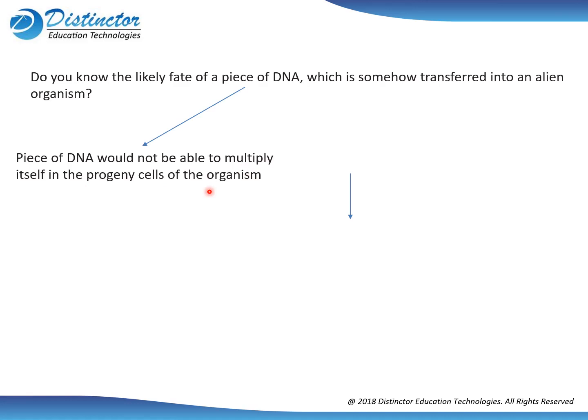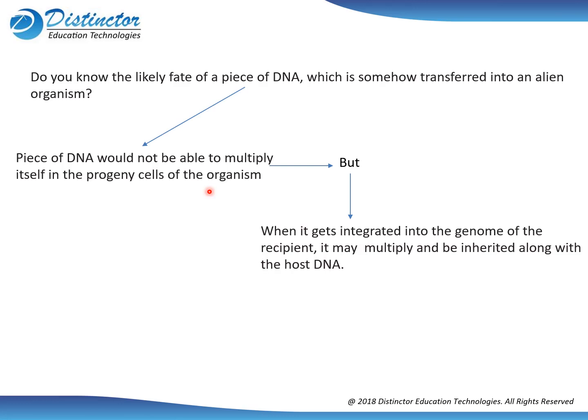But when it gets integrated into the genome of a recipient, that is a host organism, it may multiply and be inherited along with the host DNA, because it is attached to the normal genome of the recipient.